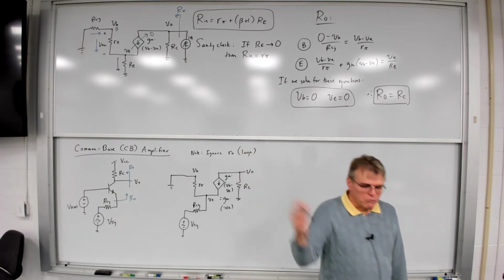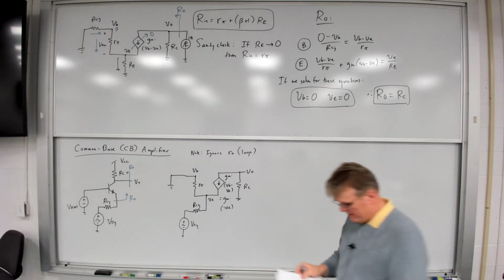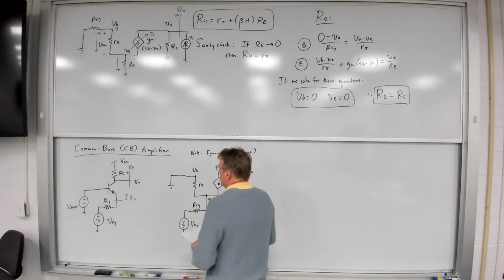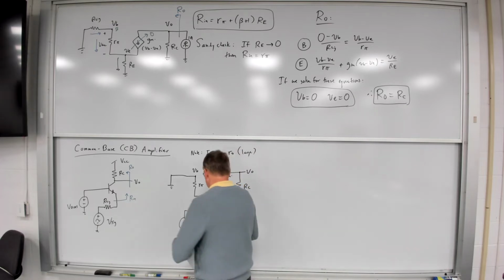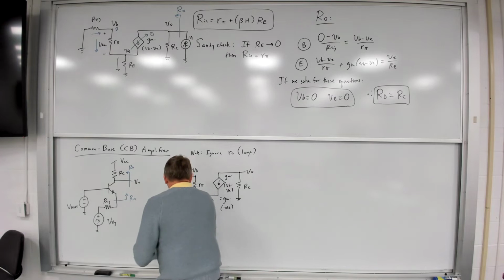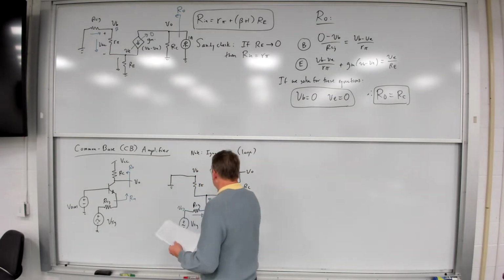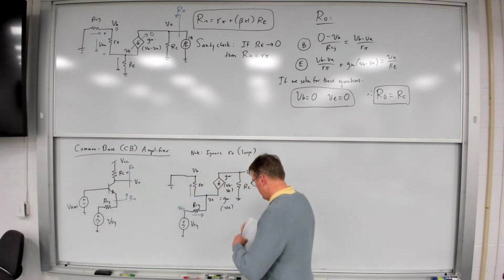And now I can go through and do what I've done before, write some KCL equations and do some algebra. In this case, the KCL equations are pretty straightforward. I've got Vsig, I've got this current, I've got this current, and I've got that current.